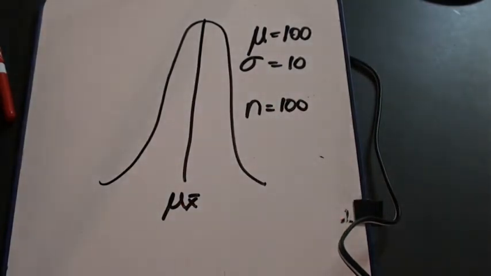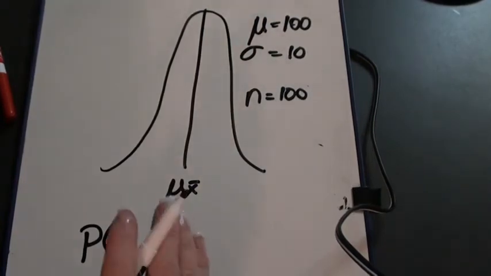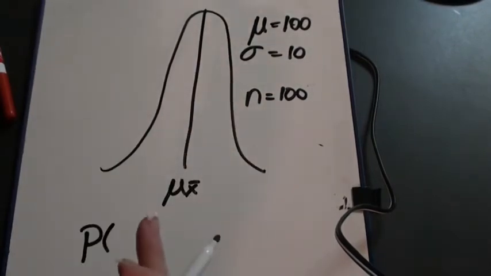Okay, so in order to calculate probabilities like we did before, like what's the probability that something will be above, below, or between something, we need to convert into z-values and then look up the probabilities, or we can use the Excel normal distribution function. One thing you need to know: in chapter 6 we asked what's the probability that a student or a person, that x, is greater or less than a certain number.